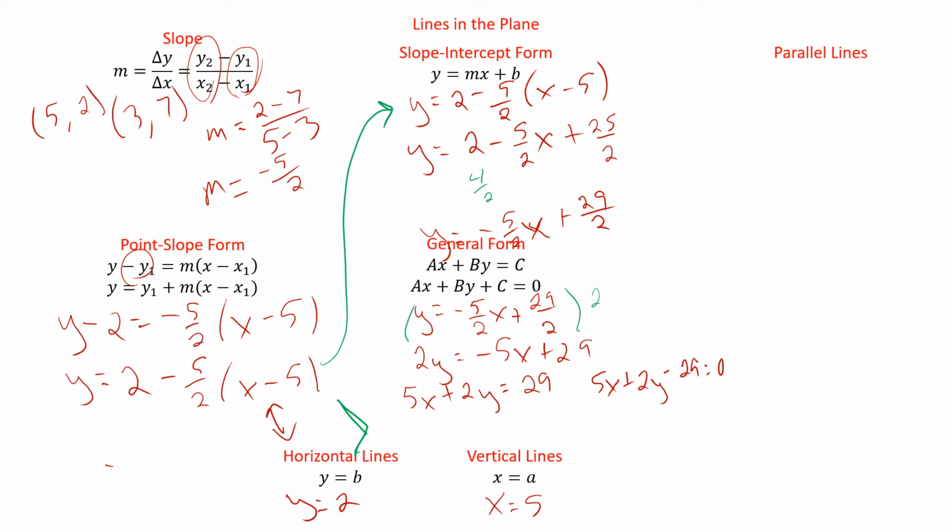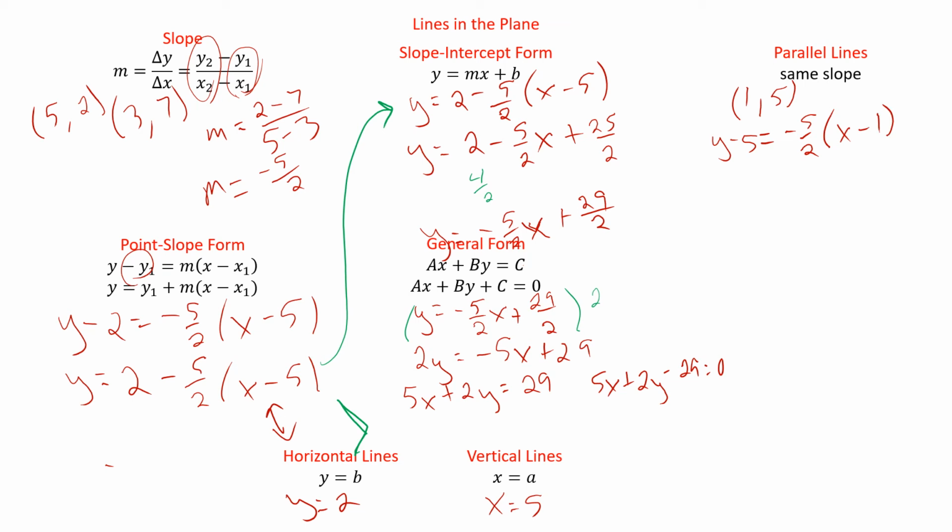If we're looking at parallel lines, they have the same slope. That's all parallel lines are. So if we wanted to find a line parallel to the one that we're working on, but it goes through the point (1, 5), we would use the same slope and this point. We get y minus 5 equals negative 5 halves times x minus 1.